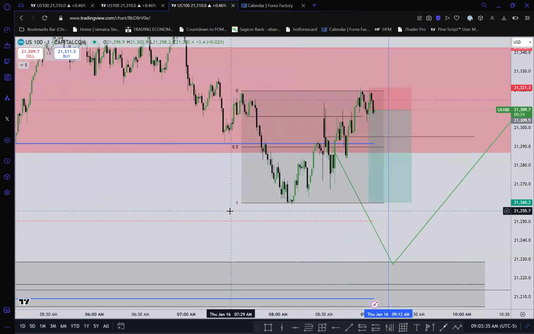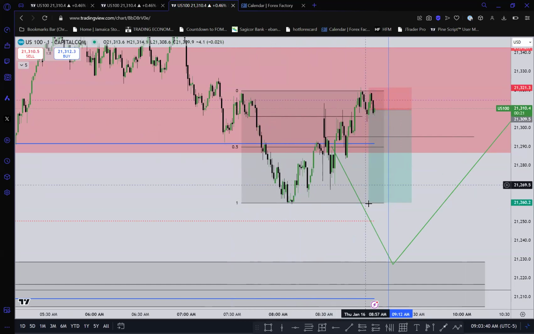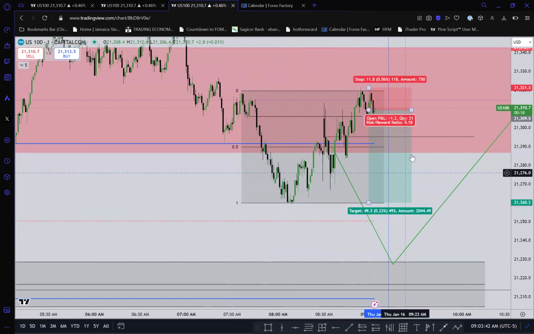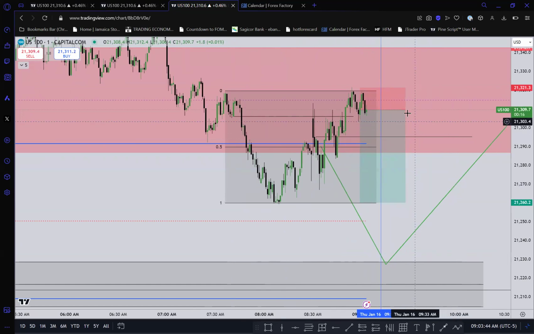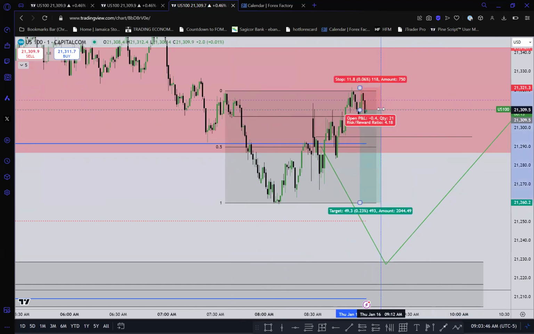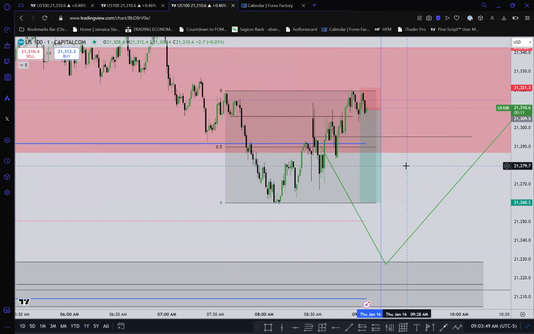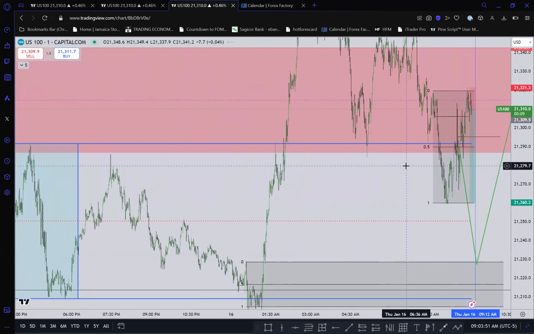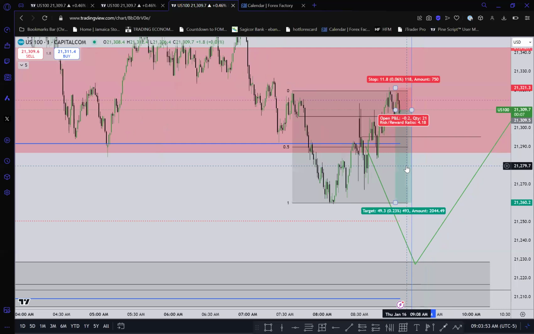But then the buys I want, I don't want to buy this low. As much as it's the opposite end of the range, I'd rather buy all the way down here. That's something from yesterday you're targeting, right? No, it's an M5 order block.